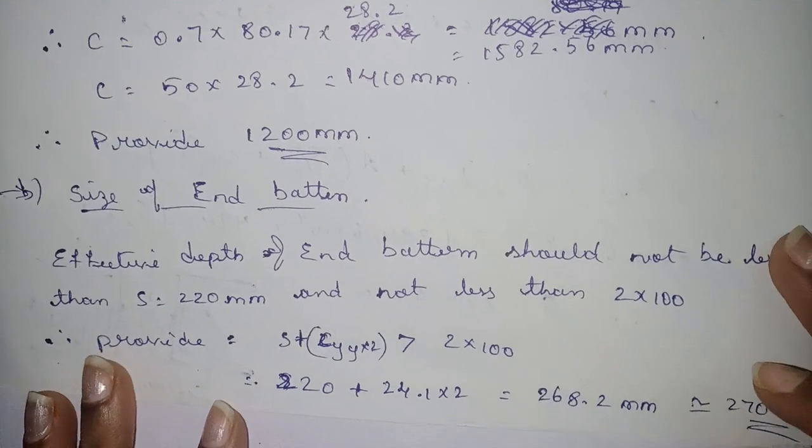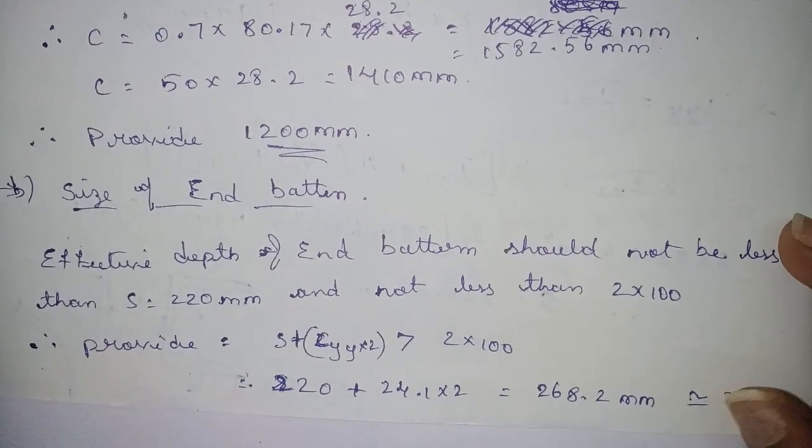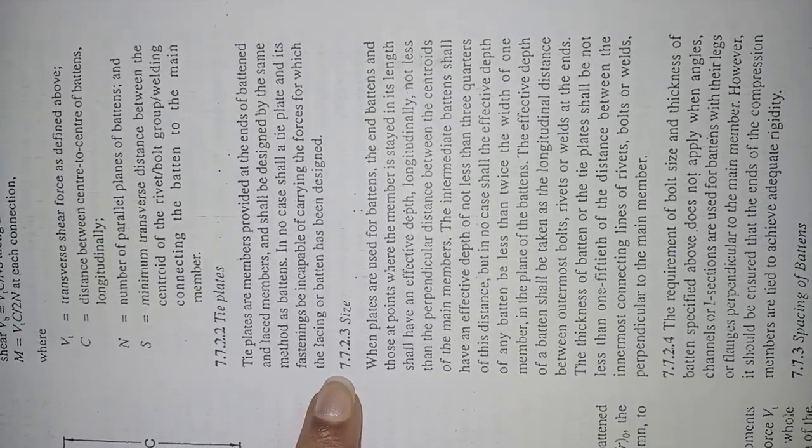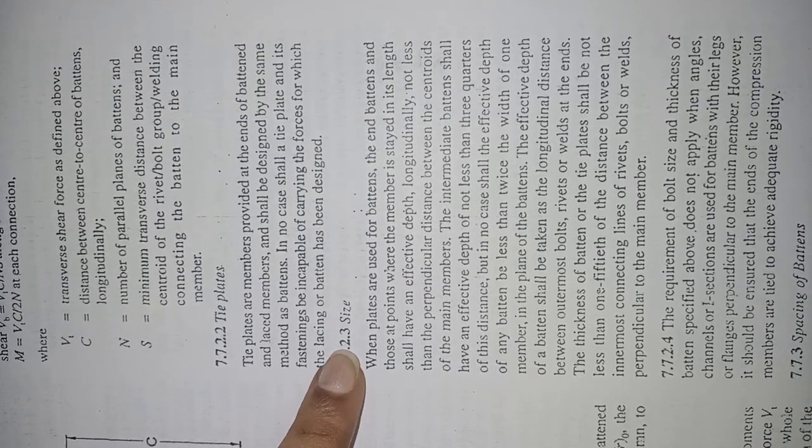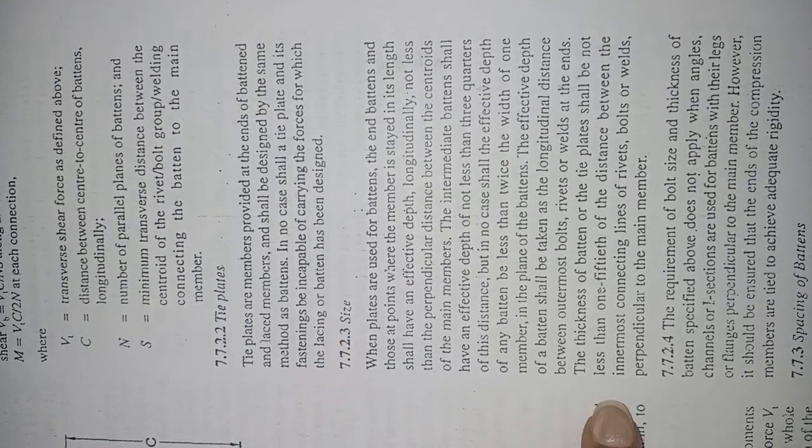So next we'll go for the size of the battens. See here in this clause 7.7.2.3, the whole paragraph says the size of the battens.